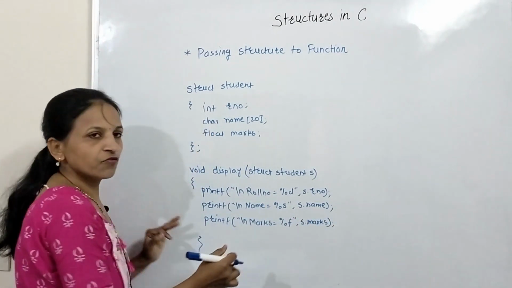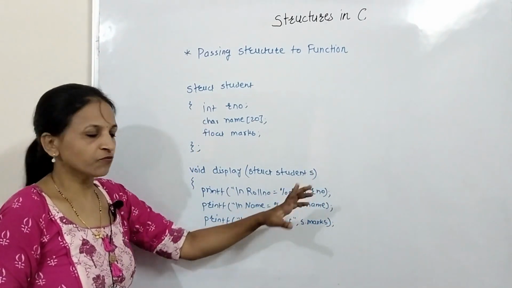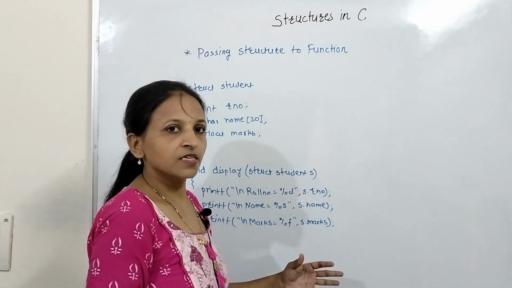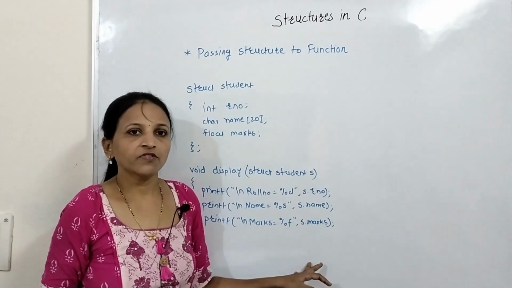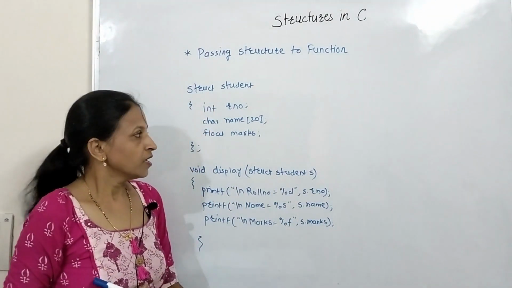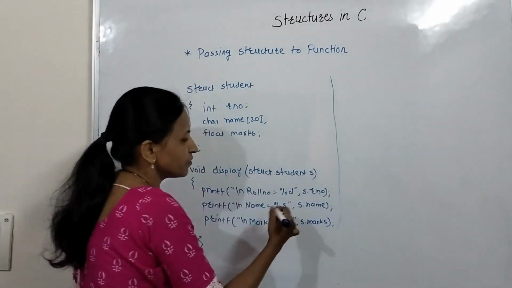Now to this function, the formal argument is s, and with that s there are three members associated: roll number, name, and marks, which we can fetch with the help of the dot operator that we have used here. Now in main I want to call this function.